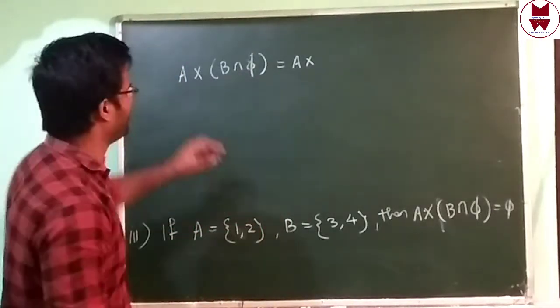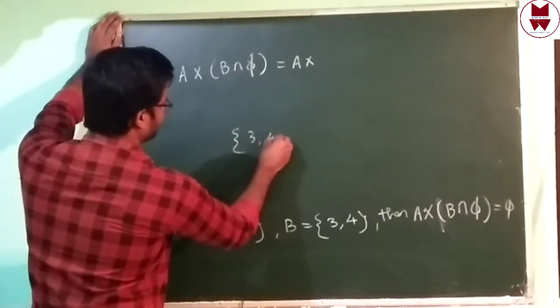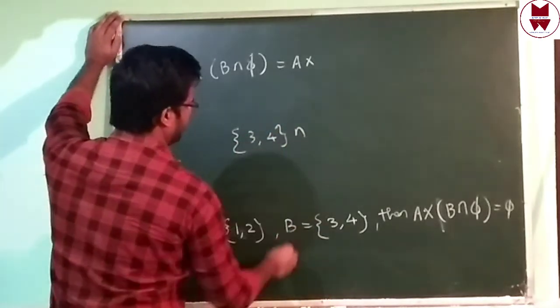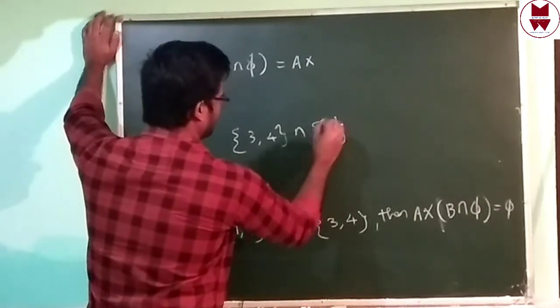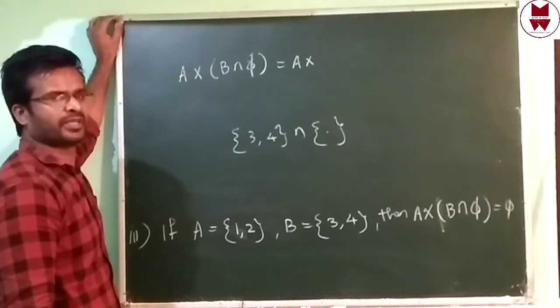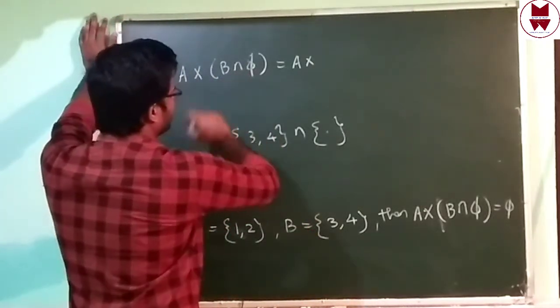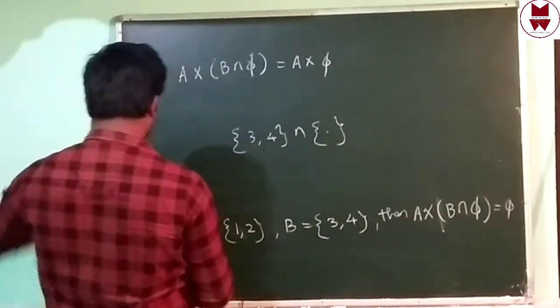Can you see any common element from B and the empty set? B means 3, 4, and the empty set means nothing, isn't it? We cannot find any, so B intersection empty set means you will get the empty set.